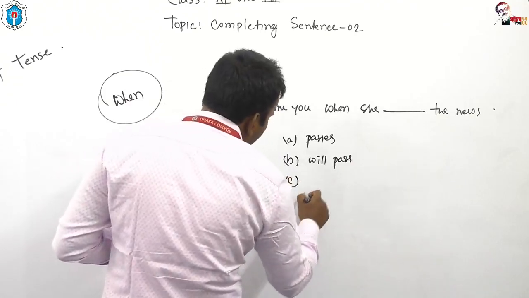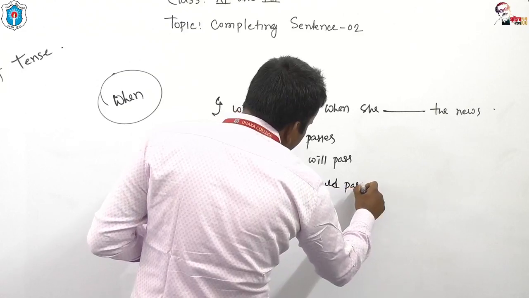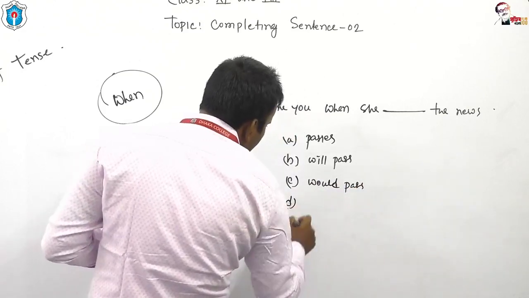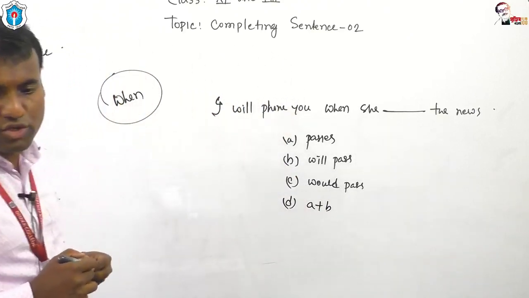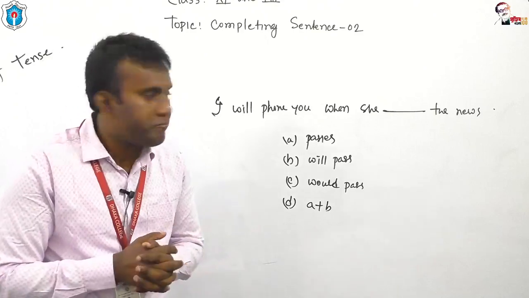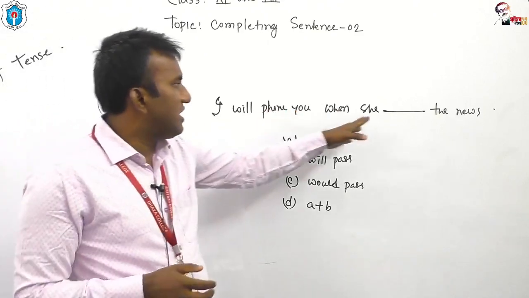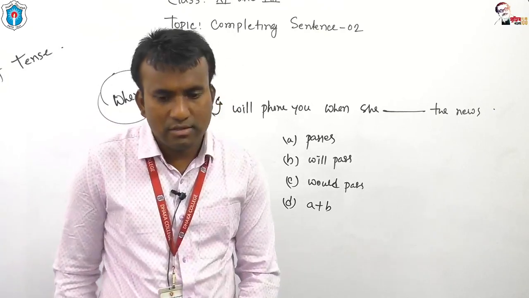Option C, would pass. Option D, A plus B. What should be the answer here? What should be the answer? I will phone you when she dashed the news. Passes, will pass, would pass.